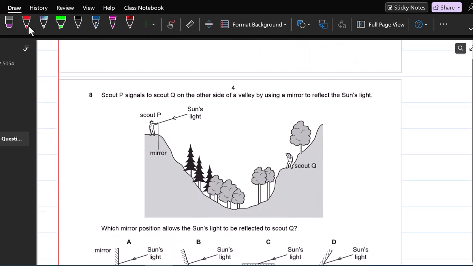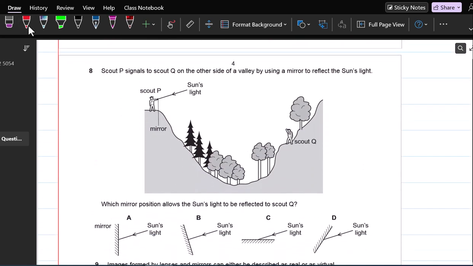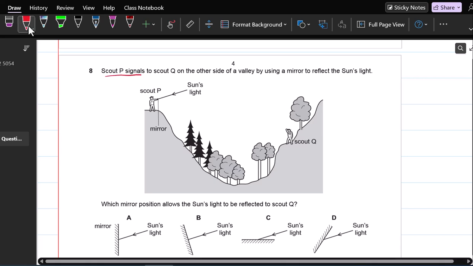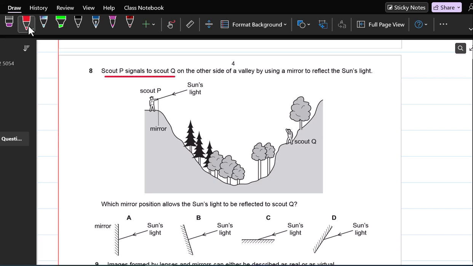Question number 8. Scout P signals to Scout Q on the other side of a valley by using a mirror to reflect the sun's light. Okay, the mirror is here. We have a mirror, so sunlight is incident at this point. Which mirror position allows the sun's light to be reflected to Scout Q?